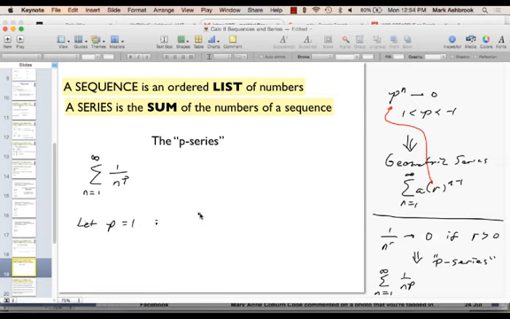What do you get if P equals 1? Harmonic. So the harmonic series is a particular example of the P series. It's the P series when P equals 1.